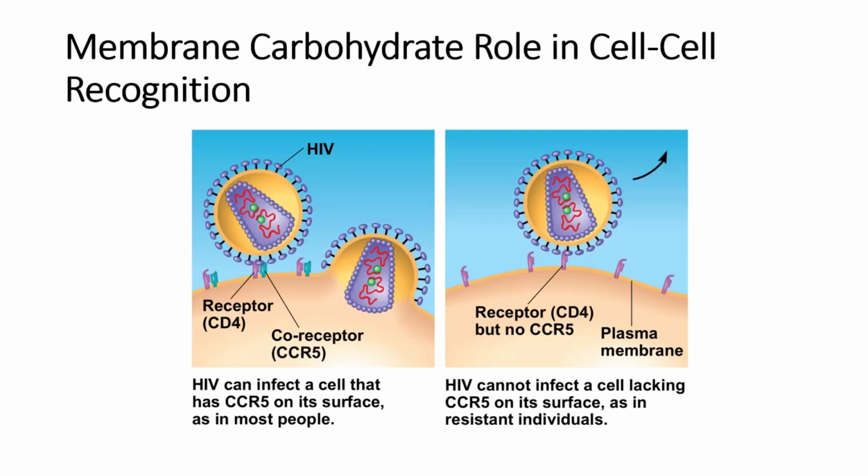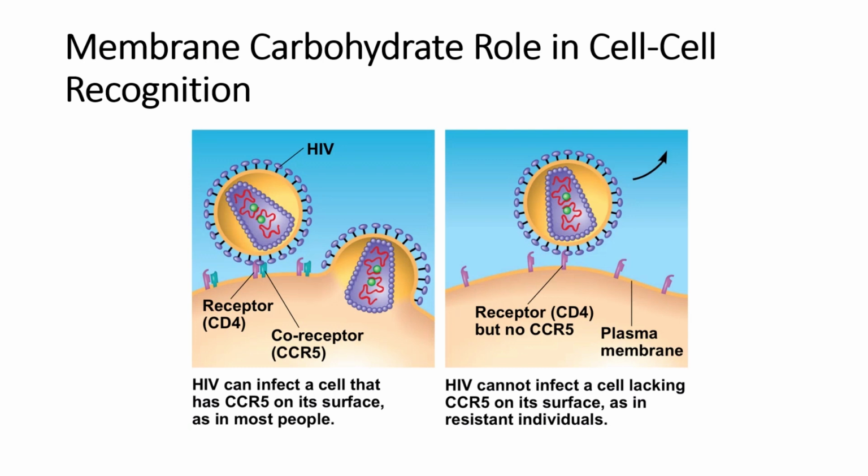Now, cells recognize one another by binding to surface molecules. And often they contain carbohydrates on the extracellular surface of that plasma membrane. The membrane carbohydrates could be covalently bonded to lipids, and when that happens, they form glycolipids.